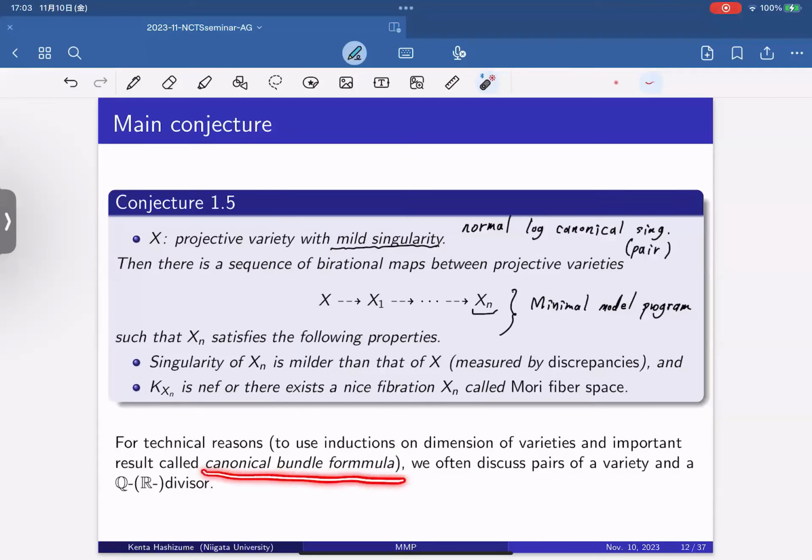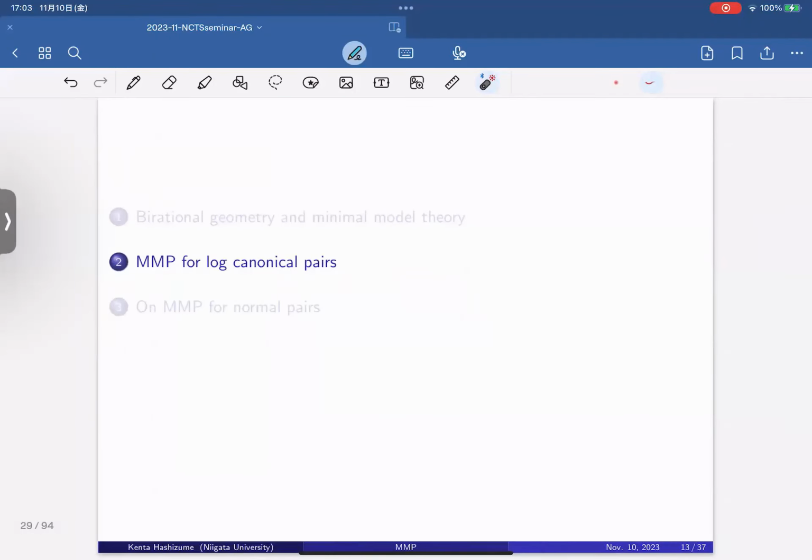To use this formula, we need to deal with the framework of pairs. Okay, this is the general motivation of birational geometry and the minimum model theory. So next, I start the minimum model theory for log canonical pairs.